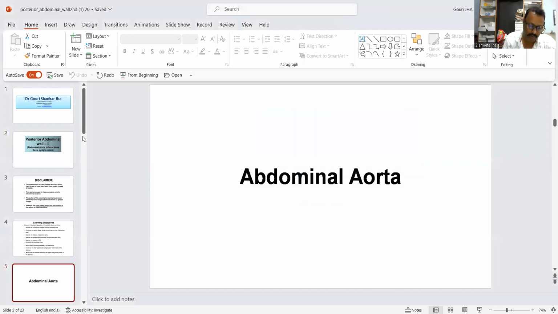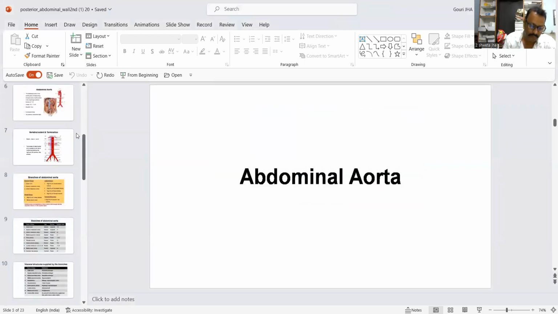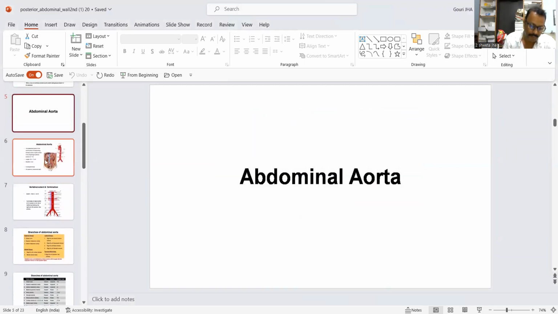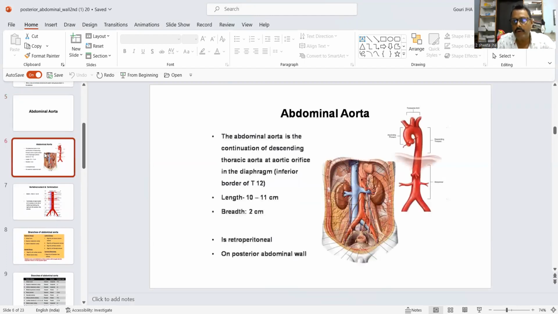First, we will talk about the abdominal aorta. The abdominal aorta is the continuation of the descending thoracic aorta at the aortic orifice.